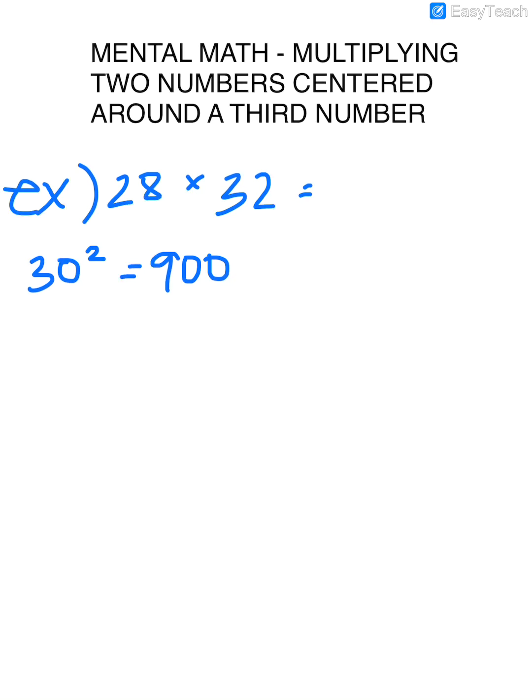Then the next step is the difference between the middle number and the two numbers given. The middle number is 30, and as I said before, 32 is 2 away from 30 and 28 is 2 away from 30. So the difference between the middle number and the two numbers given is 2 in our case.